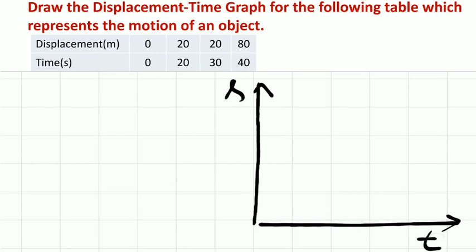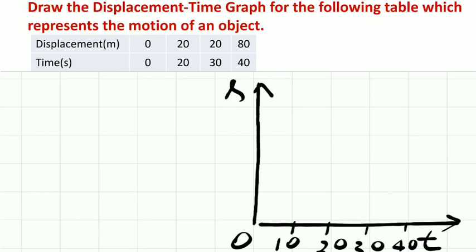Now give the measures. This as 0, and in case of time that is given 0, 20, 30, 40. It means we need to take an interval of 10, 20, 30 and 40. Now in case of displacement, look at the table.